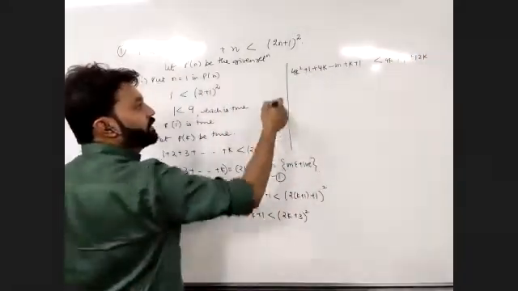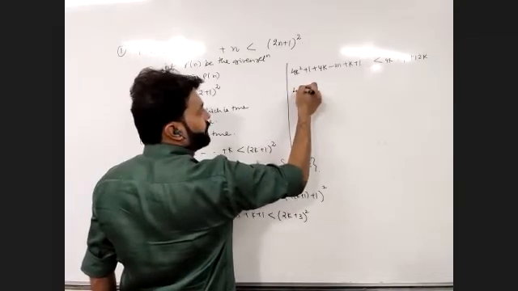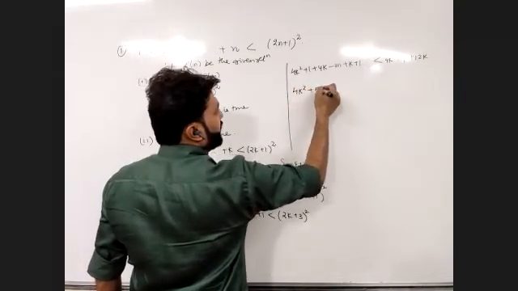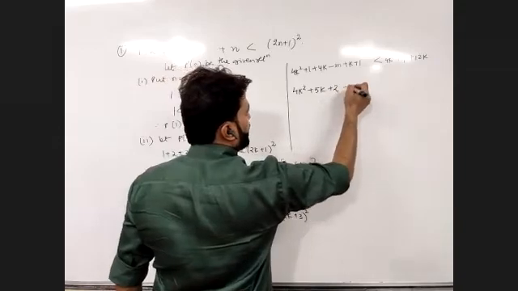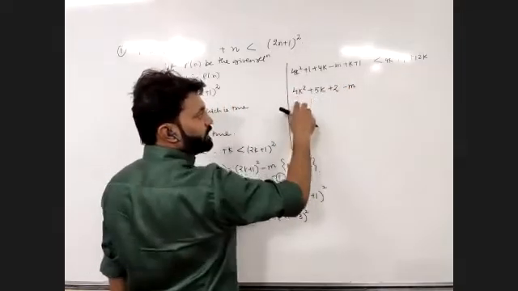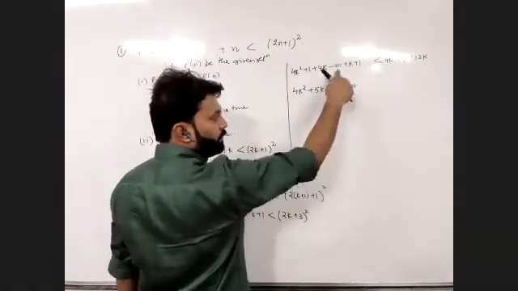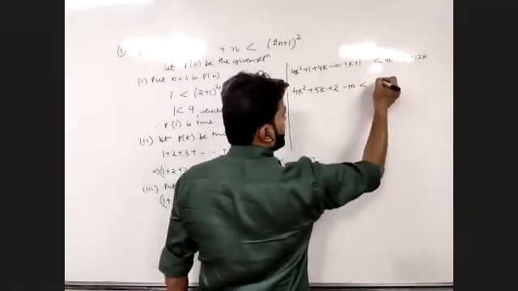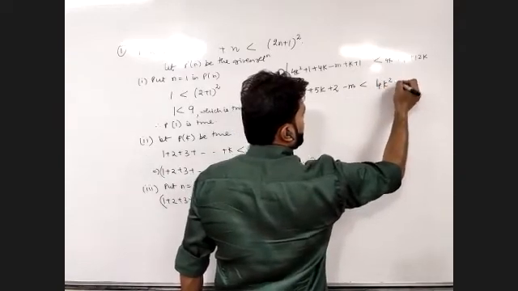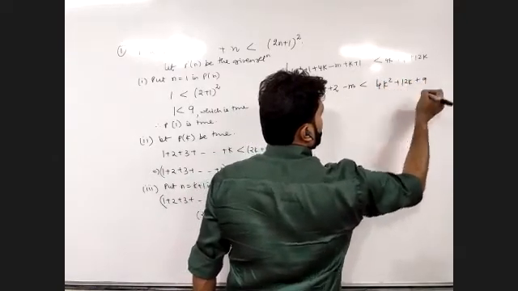Now see, we are getting this as 4k square plus 5k plus 2 minus m. 4k square as it is, 5k, 1 plus 1 that will be 2, and minus m, is less than 4k square plus 12k plus 9.